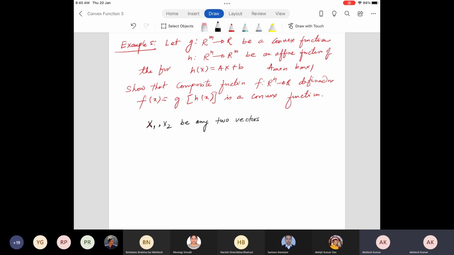Because you see your affine function is defined in terms of m cross n and m cross 1. So in Rn, and then you define your x as lambda x1 plus 1 minus lambda x2. Is this correct, Abhijit? Yes, sir.